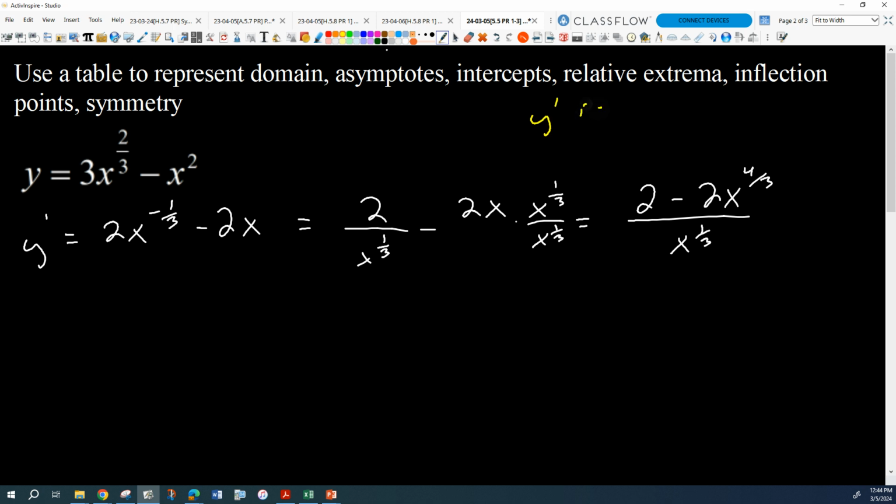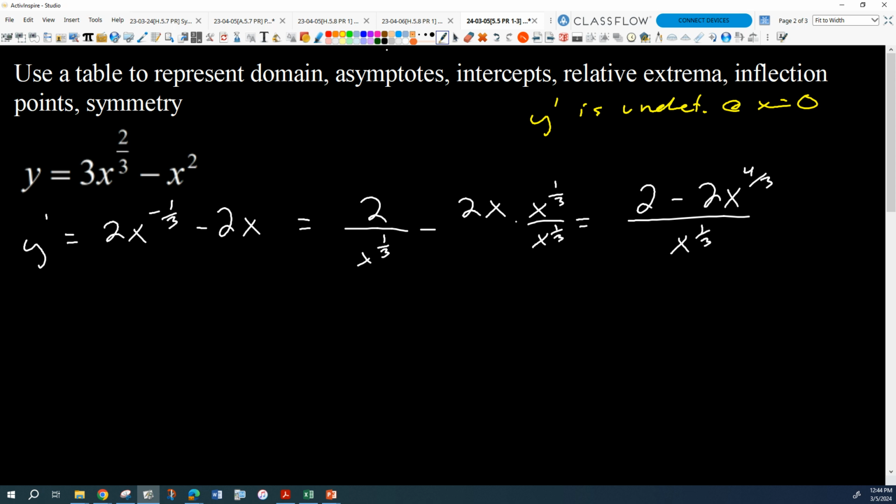So y prime is undefined at x equals 0. Okay, now what about zeros of the function? Because 1 to the 4/3 is 1, so then you multiply it by 2. Very good. And then 2 minus 2 is 0. Bottom's good, so still 1. We're going to look at the numerator here.